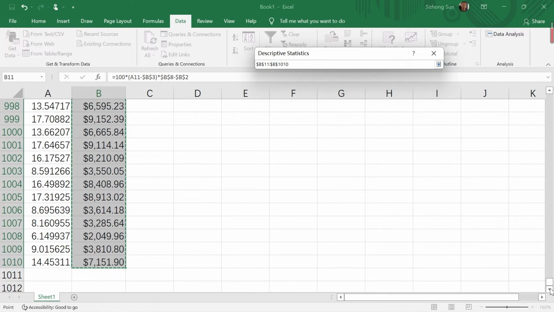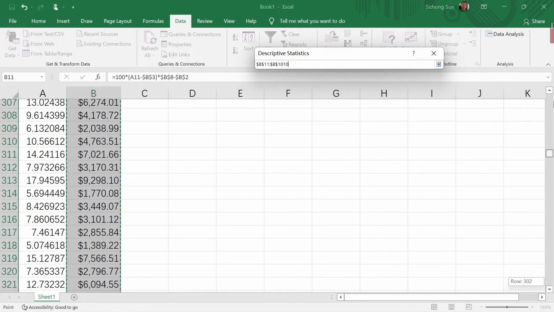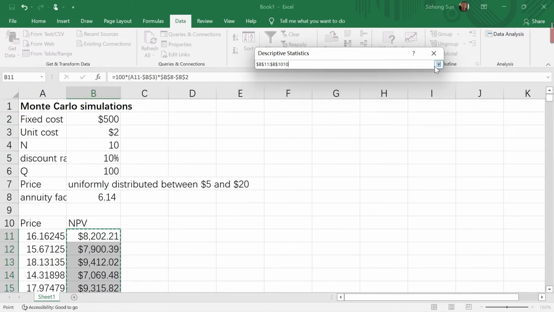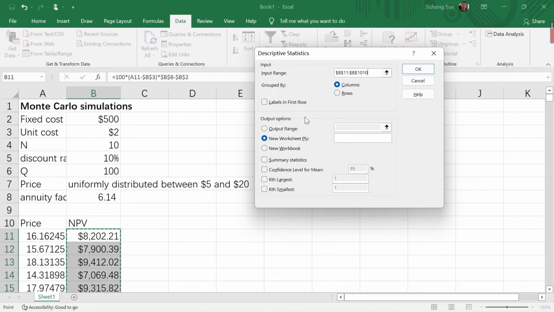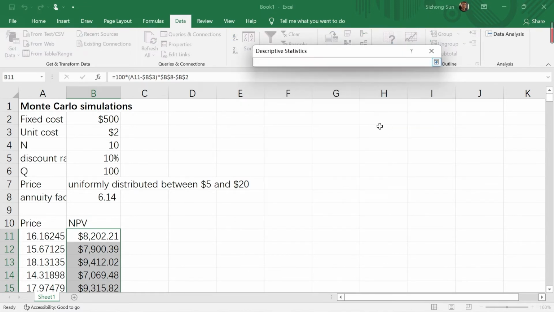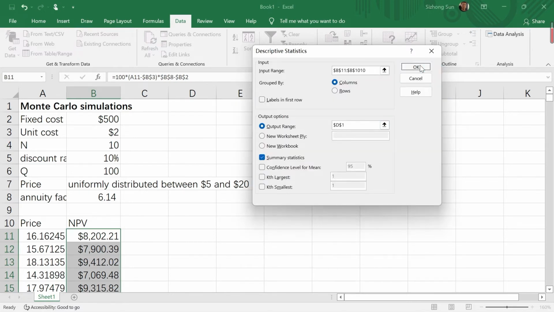Okay, that's the data. I'm going to ask Excel to compute the summary statistics and output the results to, say, here. Okay.